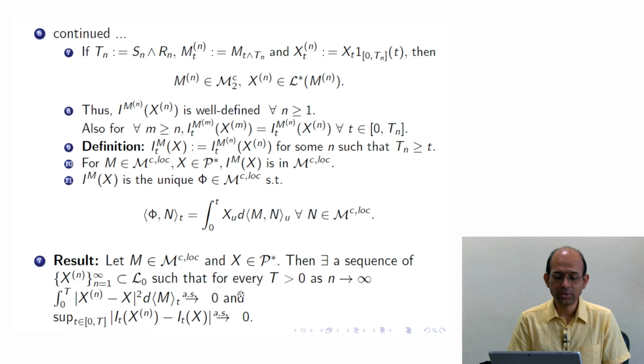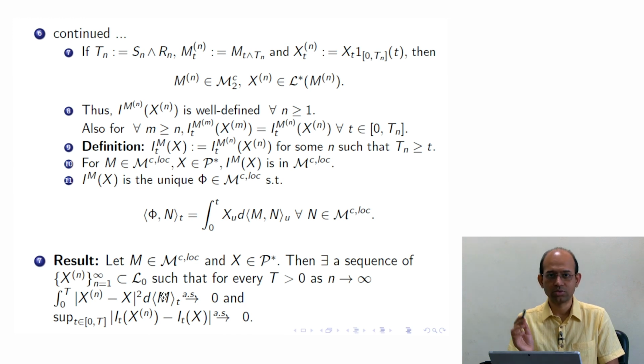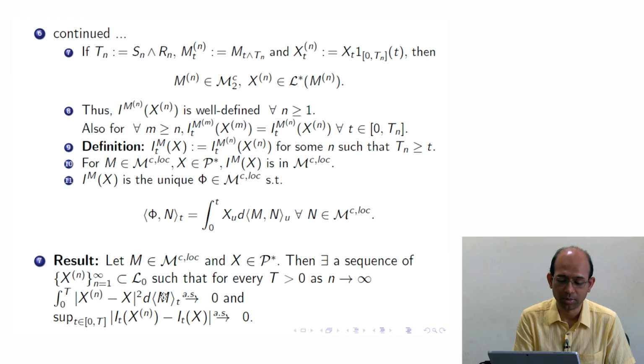Earlier, this used to go to 0 in L1, because the expectation of this went to 0. That was the box norm.